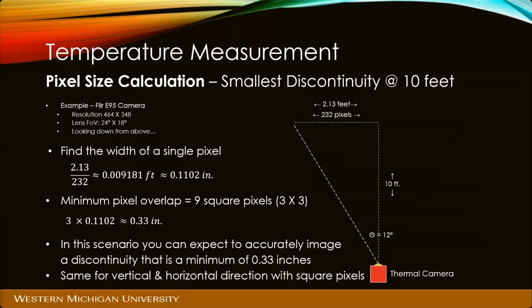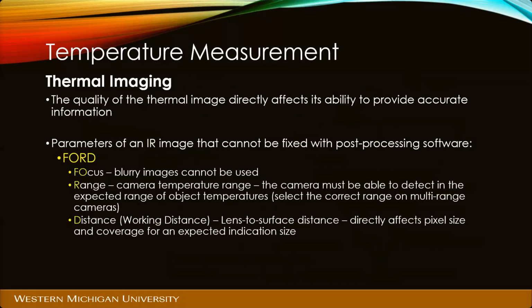So that's where it's important that we know the pixel size, because it figures out how far away we can stand, which directly affects how large of an area we can image simultaneously. So that's one of several critical items, the distance, that we have to take into account.